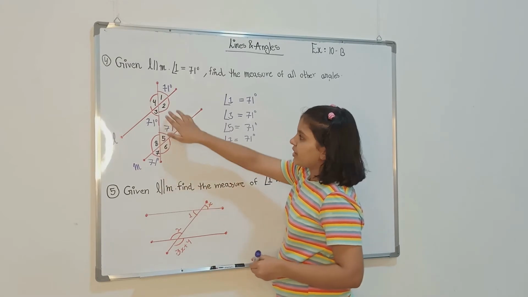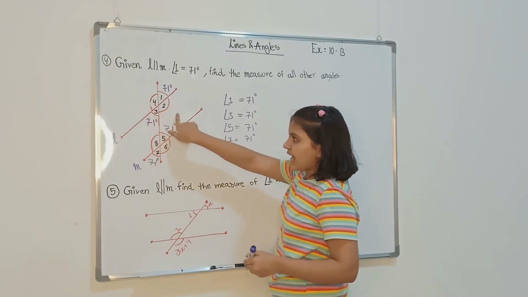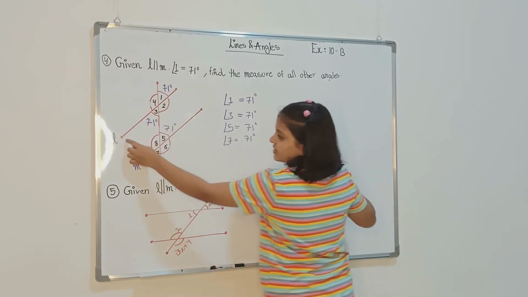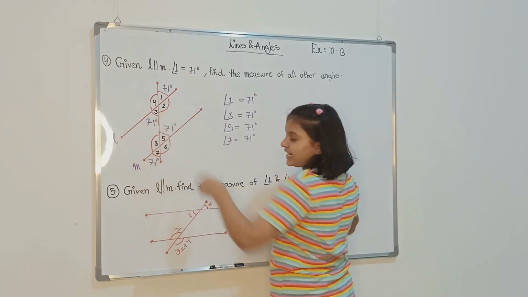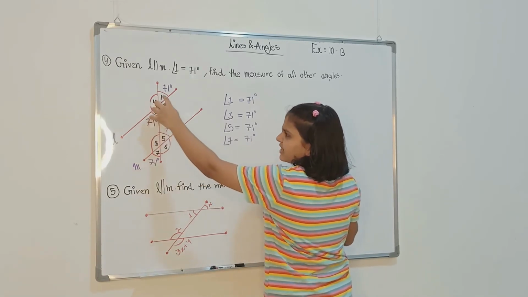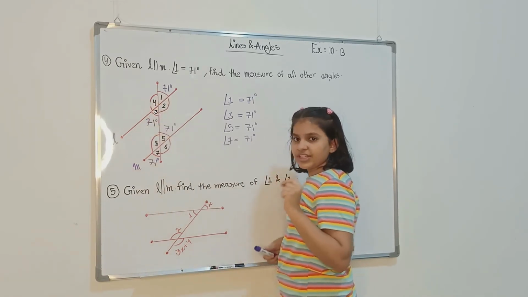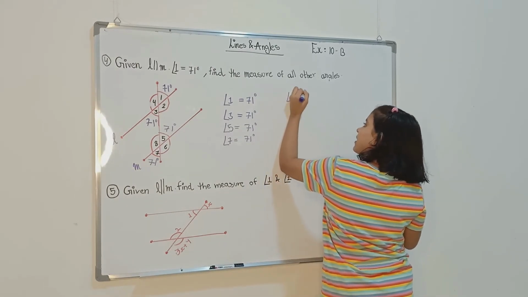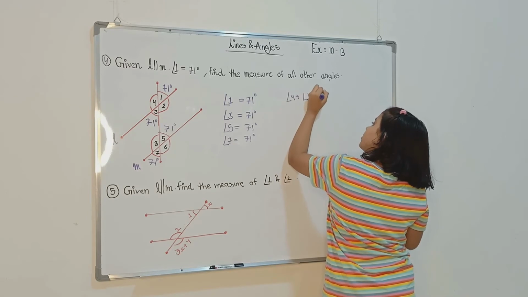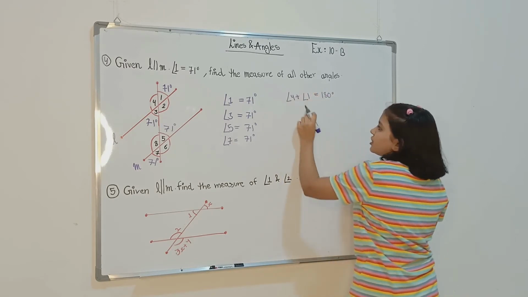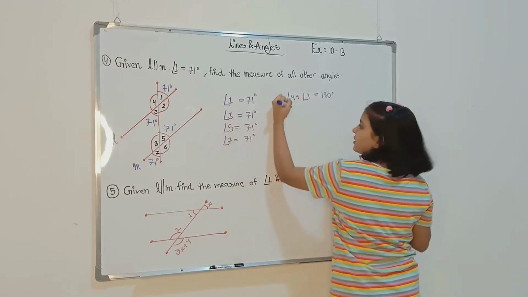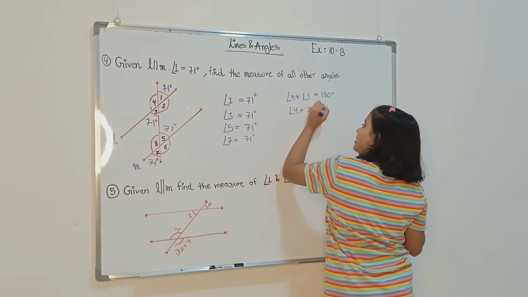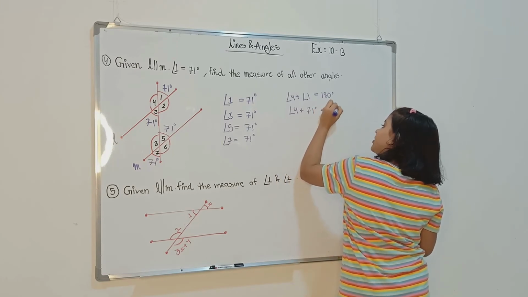Now we need to find the measure of angle 4, angle 2, angle 8 and angle 6. If you see, it's a straight line, and a straight line means 180 degree. So angle 4 plus angle 1 is equal to 180 degree. We already found that angle 1 was 71 degree, so angle 4 plus 71 degree is equal to 180 degree.